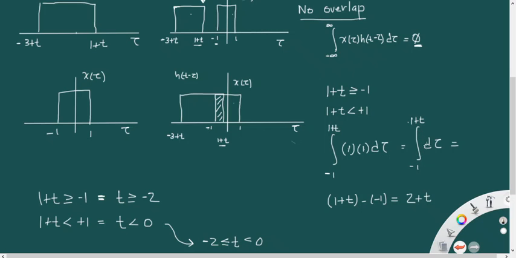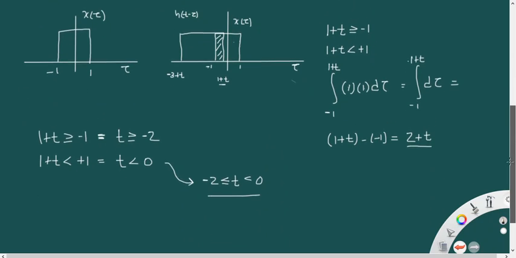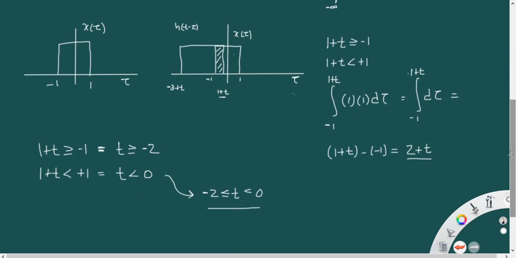So we substitute the functions and the values of this, from 1 plus t minus -1. We will end up with this integral equals 2 plus t. Okay, so that's the expression that summarizes this integral, and it is the convolution integral for this overlapping area between x of tau and h of t minus tau.